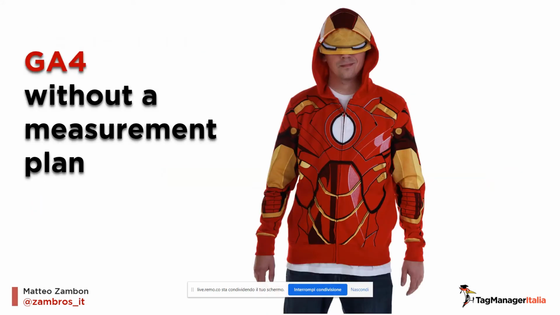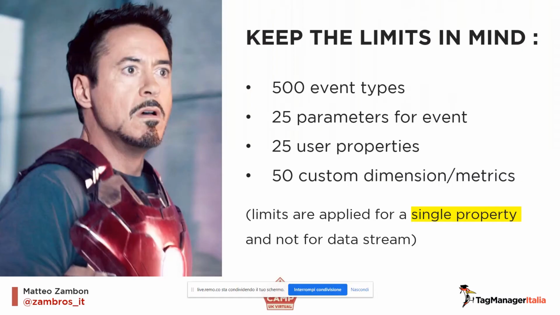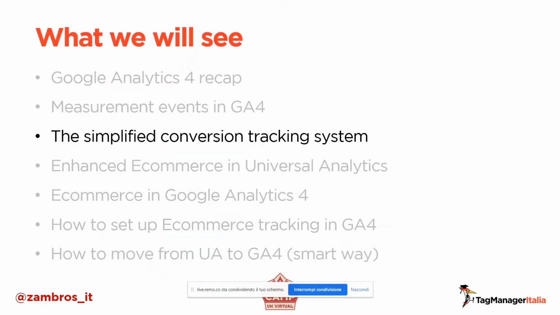If you don't want to be in trouble, I really suggest you have a measurement plan before tracking with GA4. But please keep in mind you have these limits: 500 event types, 25 parameters per event, 25 user properties, 50 custom dimensions and metrics. And limits are applied for a single property and not for the data stream.